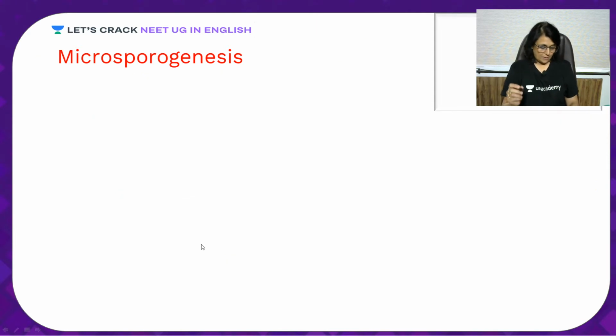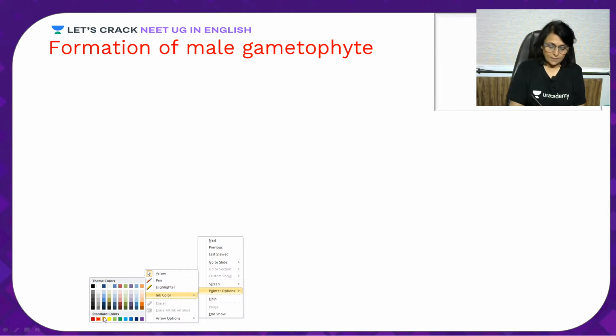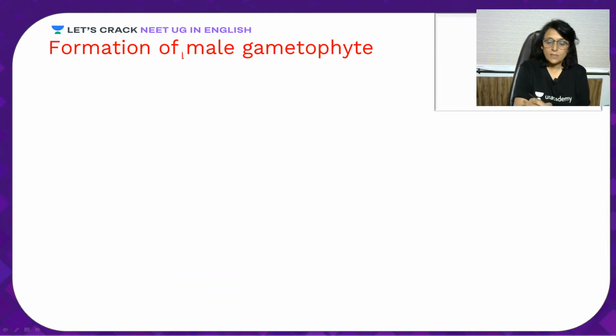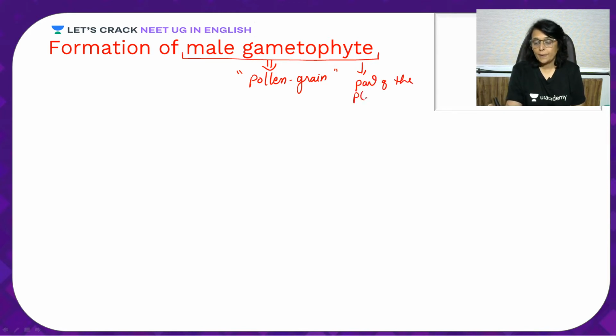Now, okay. Formation of male gametophyte. What is a male gametophyte? Male gametophyte is the pollen grain. Male gametophyte is the part of the plant which produces the male gamete.